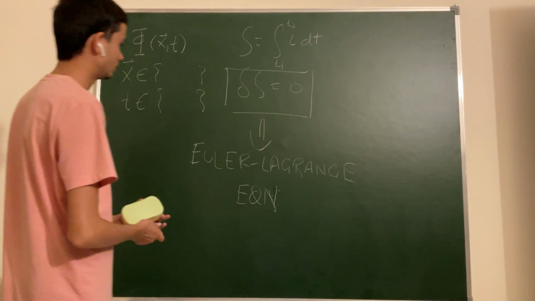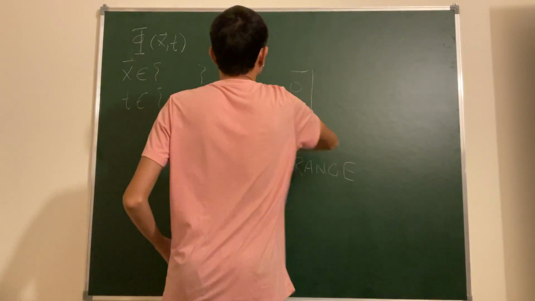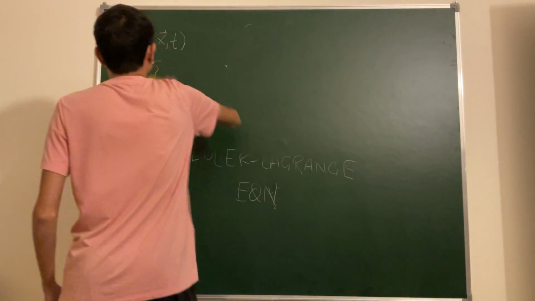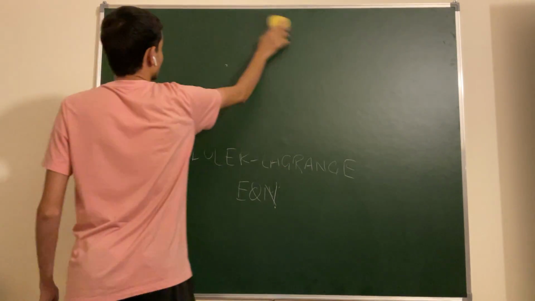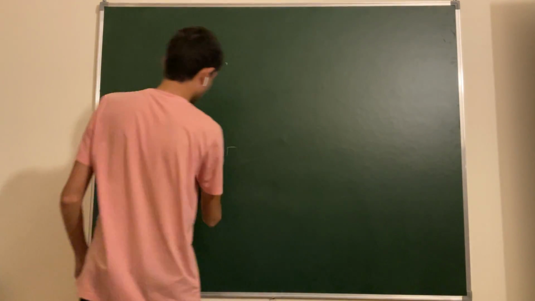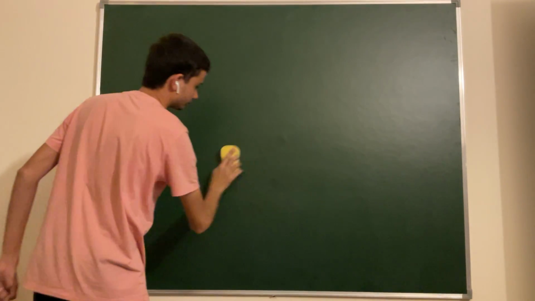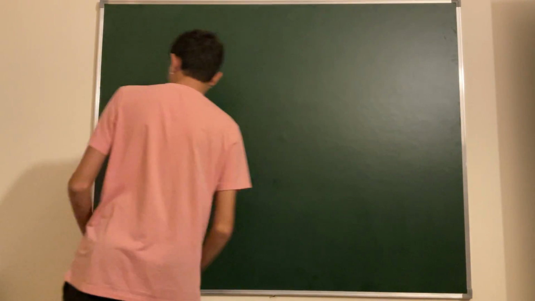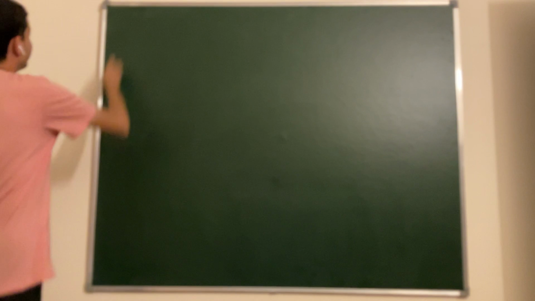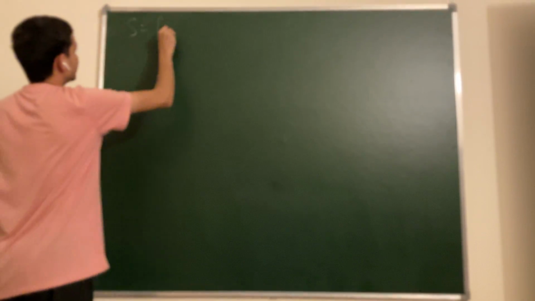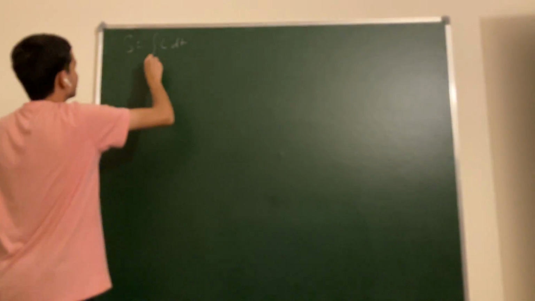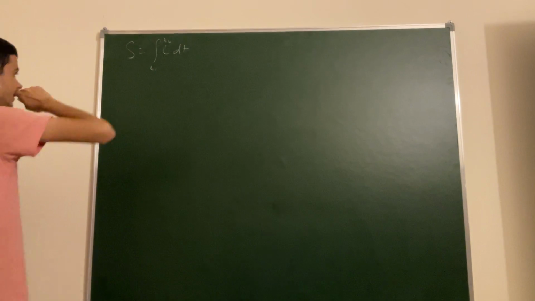Alright, so let's first try some things out, and we'll put some restrictions on what L is. We have S equal to the integral of L dt from t1 to t2. Now what can L be?